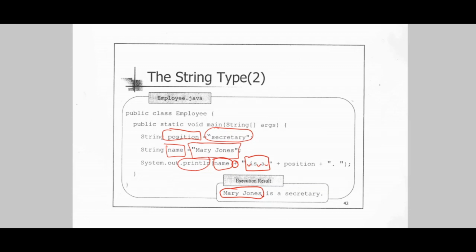So we have here space is space A space, and then we concat the value of the variable position, which is secretary. So that's why we have here secretary, and then we concat the period and a space. Okay, thus we have this output.